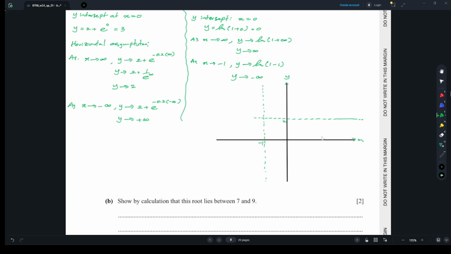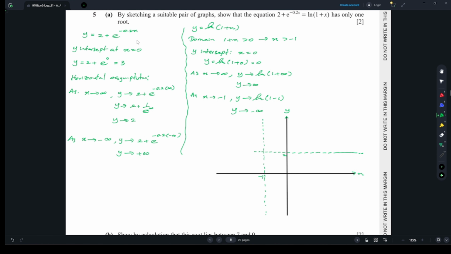this is y. Okay, so the first graph has its intercept at 3. And then when x goes to plus infinity, the graph reaches 2. And when x goes to negative infinity, the y value goes to plus infinity, so it will be around here.